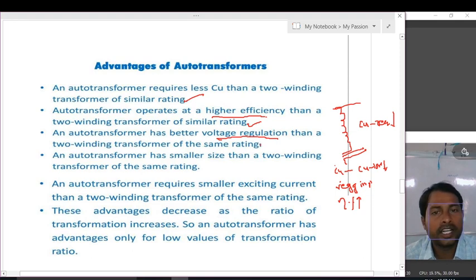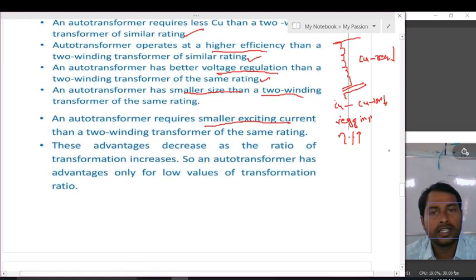That's why regulation will be better. And auto transformer size is small compared to the two winding transformer because only one winding is there. Excitation current is also less because it is a single magnetic circuit and only one winding is there. That's why excitation current is very less.